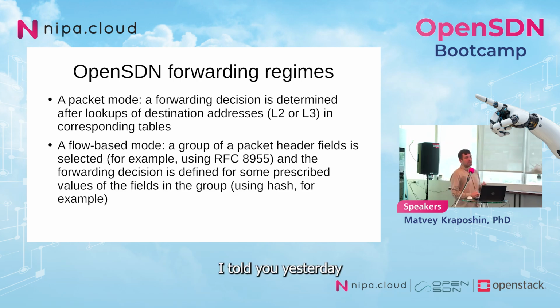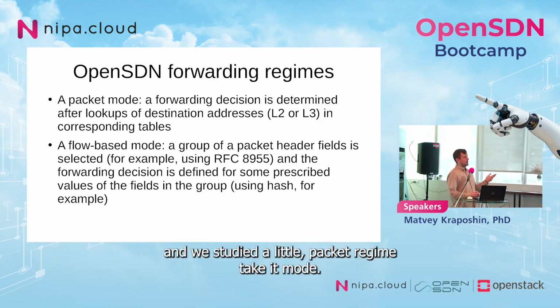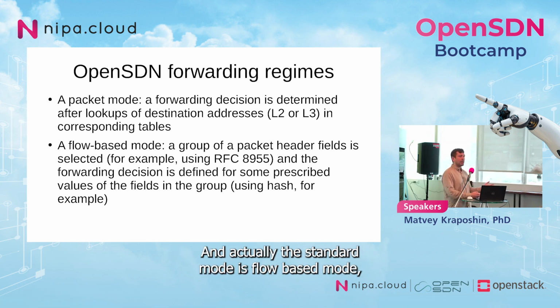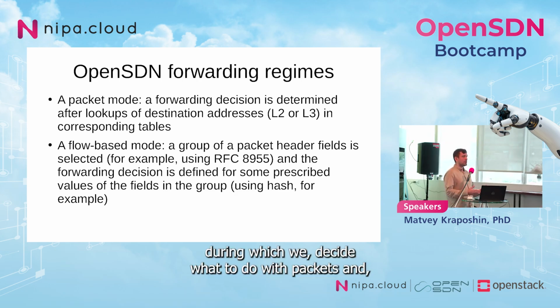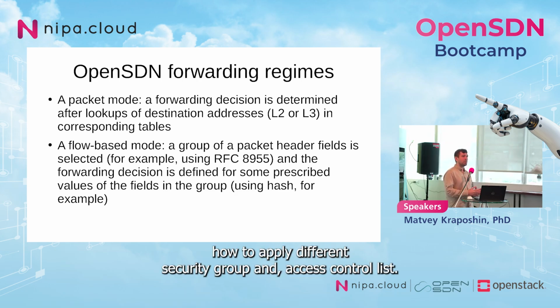I told you yesterday that there are two main regimes in which the vRouter forwarder works. We studied a little the packet mode, and actually the standard mode is the flow-based mode, during which we decide what to do with packets and how to apply different security groups and access control lists.